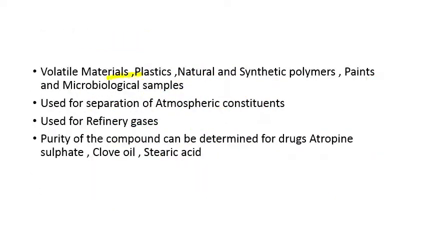Volatile materials like plastics, natural and synthetic polymers, paints, microbiological samples can be analyzed. It is used for the separation of atmospheric constituents and for refinery gases. The purity of compounds can be determined for drugs like atropine sulfate, clove oil, stearic acid.